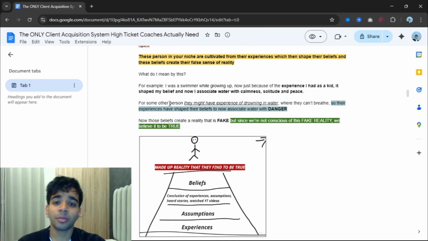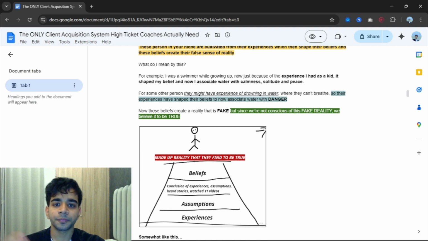And some other person might have experiences of drowning in water. Well, not literally, but some people have this kind of phobia where they cannot breathe. So their experiences have shaped their beliefs, so they now associate water with danger, right? So now those beliefs create a reality that is fake, but since we are not conscious of this fake reality, we believe it to be true.